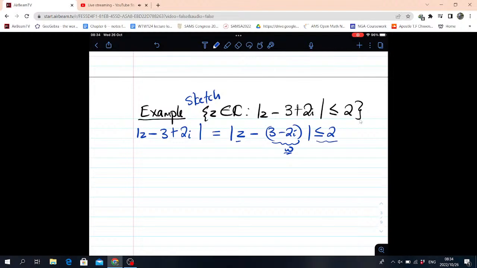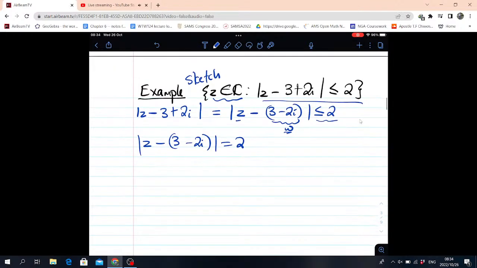Here we want to find all the points, all the complex numbers, such that this is satisfied. So first of all, we have to think about z minus 3 minus 2i being equal to 2, and then we can look at what the inequality implies after we've found what this means.